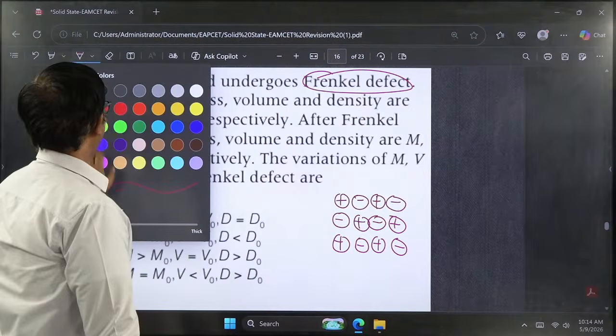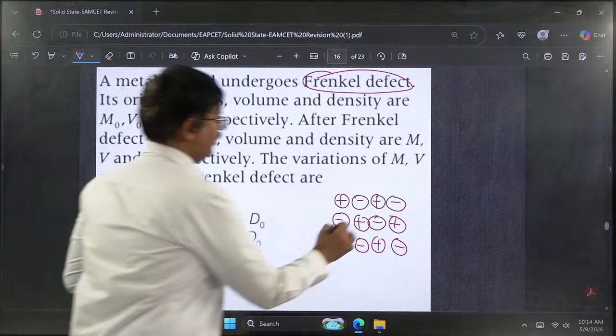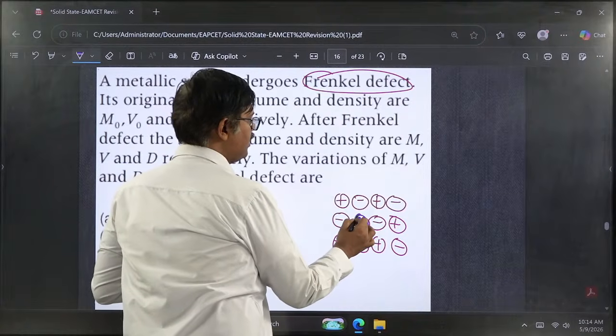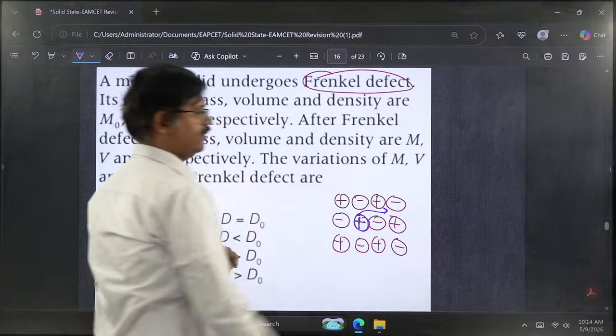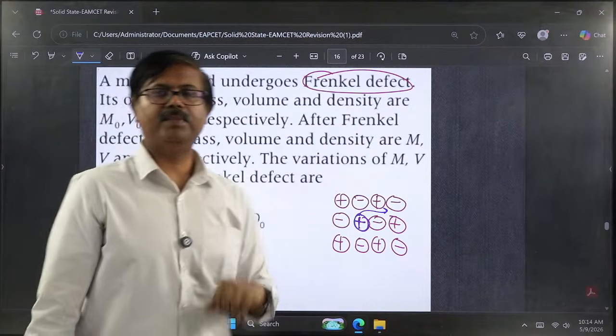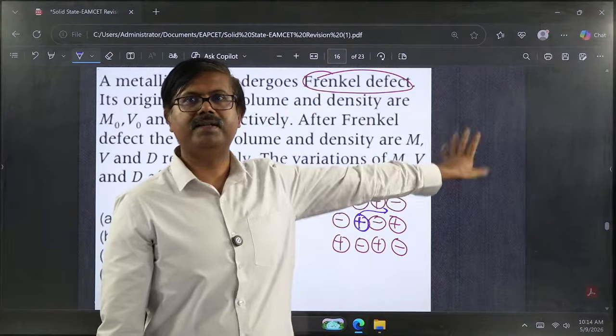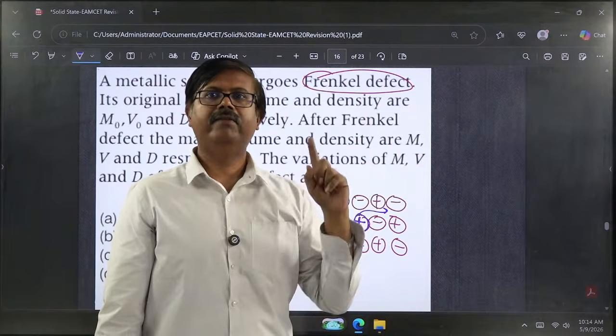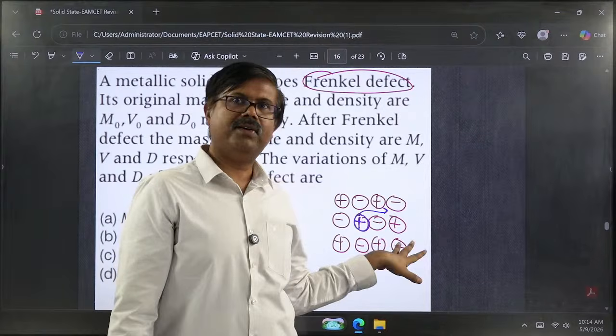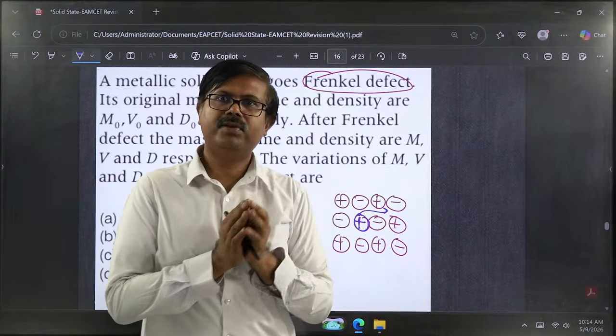Now, if a cation moves from its existing position to some other empty space and stays there, that is called Frenkel defect. It is still inside the solid, but not in its original position.